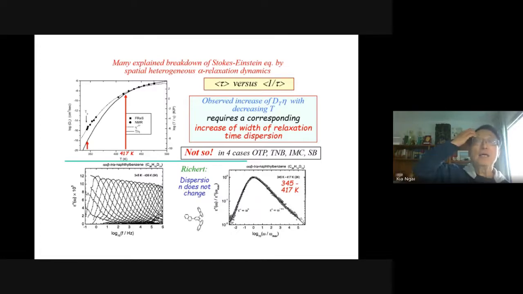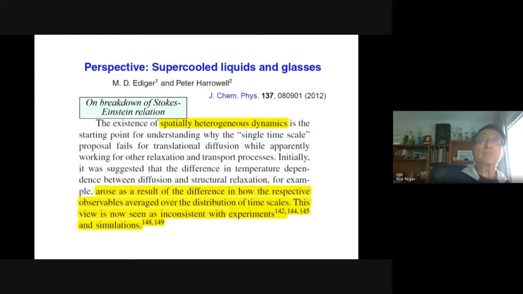So he basically destroyed the idea. Now this is admitted by the review article of Adrian and Harrowell. On the bottom highlighted, you see that they agree now. This view is now seen as inconsistent with experiment and simulation. So they have to abandon the spatial heterogeneous dynamics.